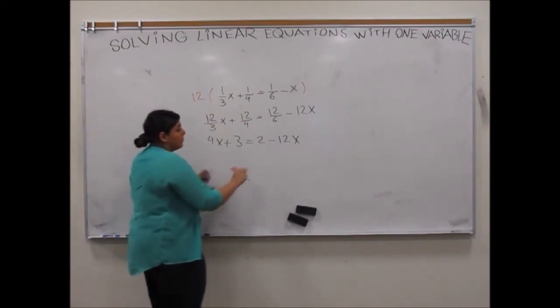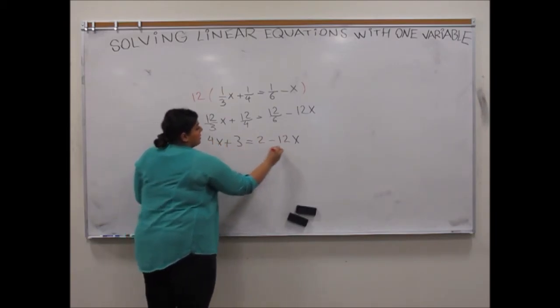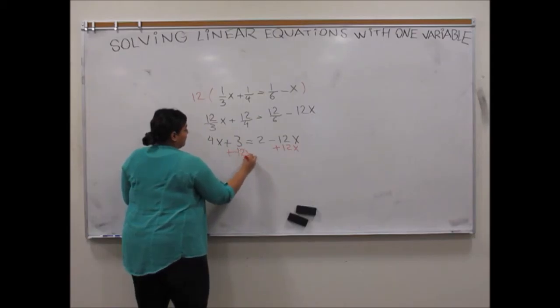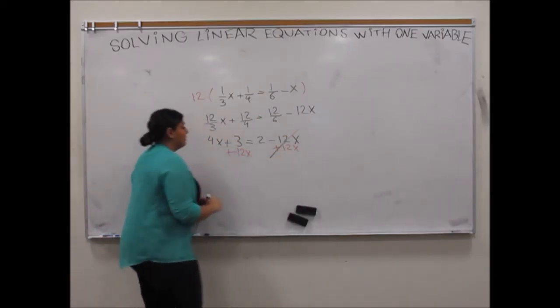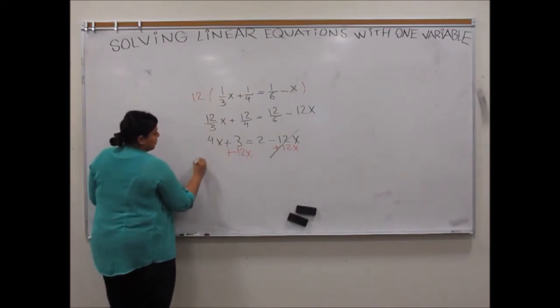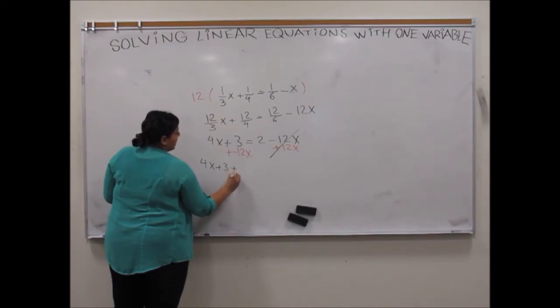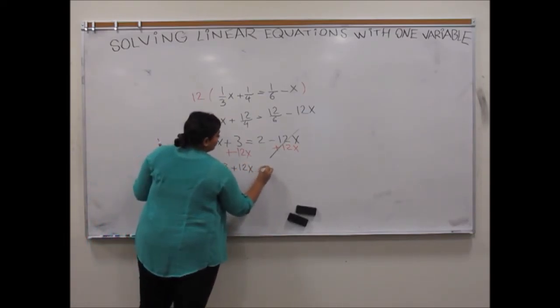Now let's move this negative 12x to the left side. So I'm going to add 12x to both sides. That will get rid of that. So now I have 4x plus 3 plus 12x equals just 2.